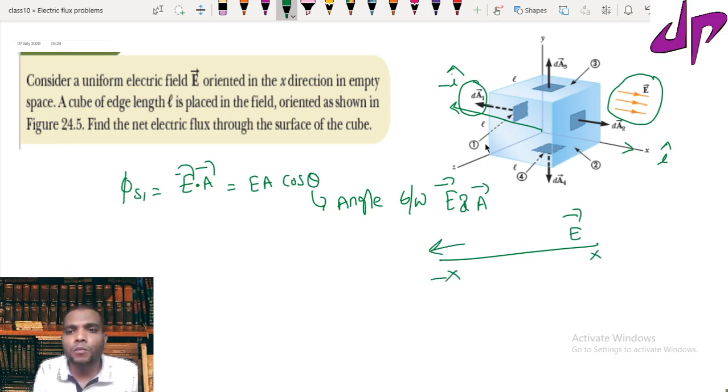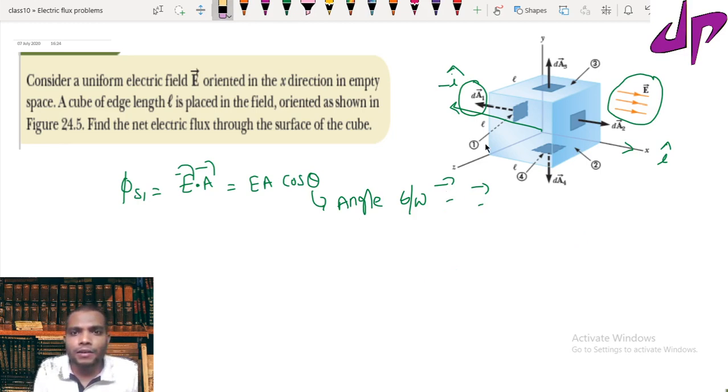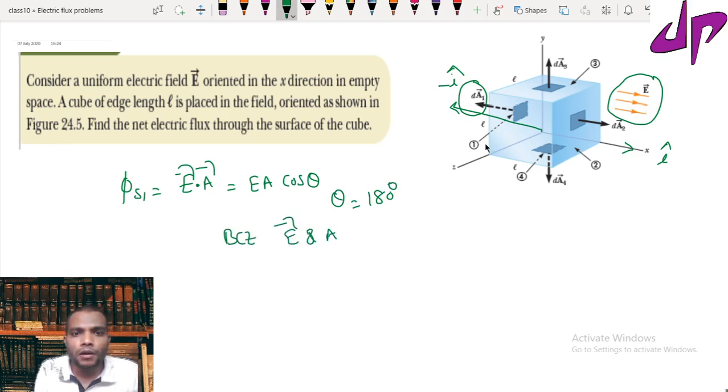They are opposite in direction, so the angle between them is 180 degrees. Now I can substitute theta equal to 180 degrees, because E bar and A bar are opposite.